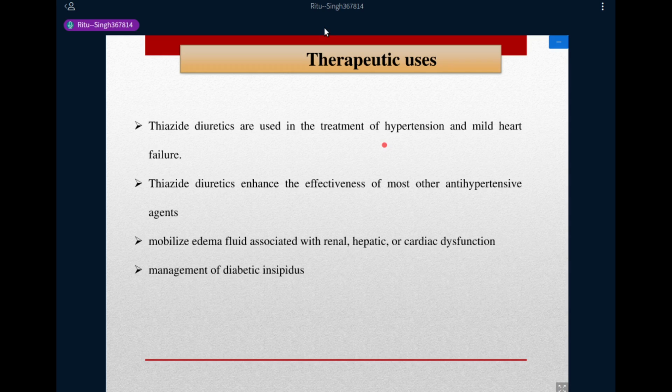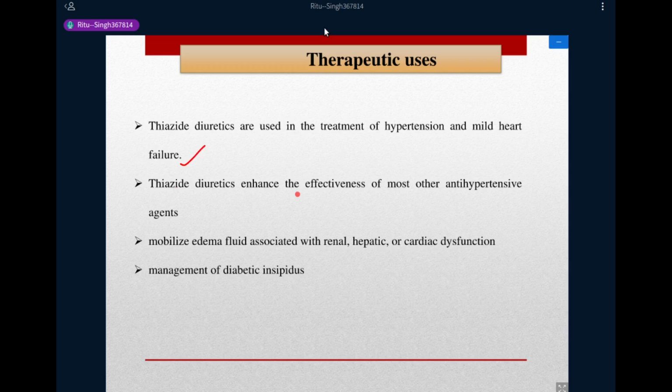As an antihypertensive agent, their action can be explained by their diuretic action, that is by lowering the volume of circulating blood. They are also used in mild heart failure.